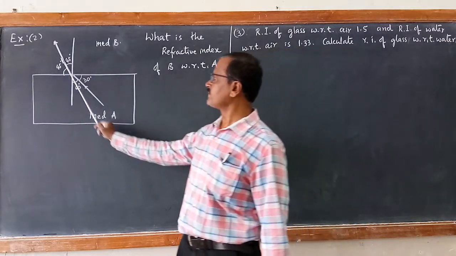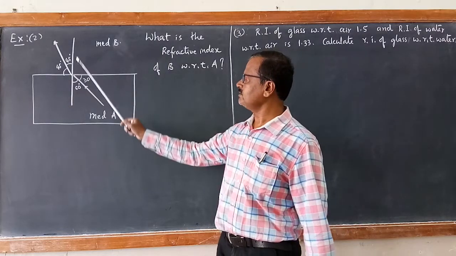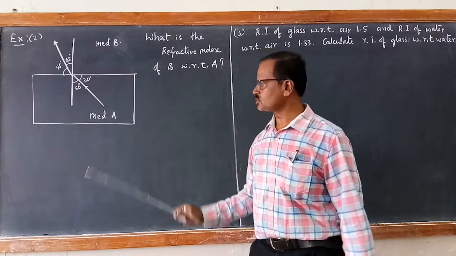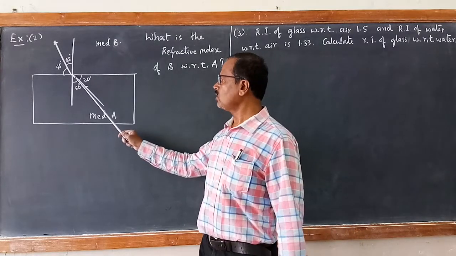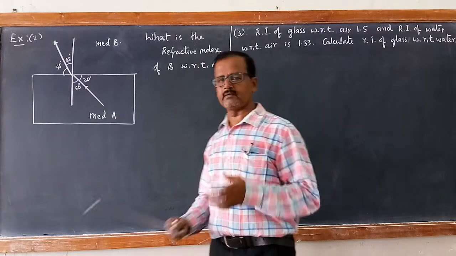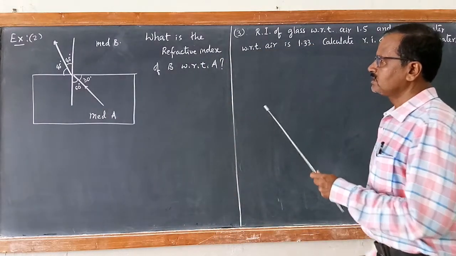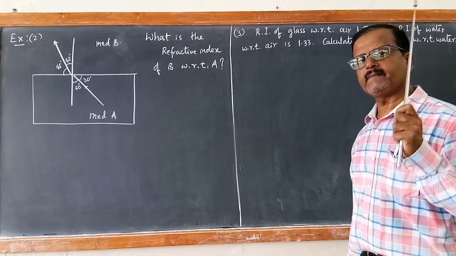Then angle of refraction is also angle made by refracted ray with the normal. So the ray is incident from medium A onto the interface, then refracting into the medium B. So you are asked to find out refractive index of medium B with respect to medium A.